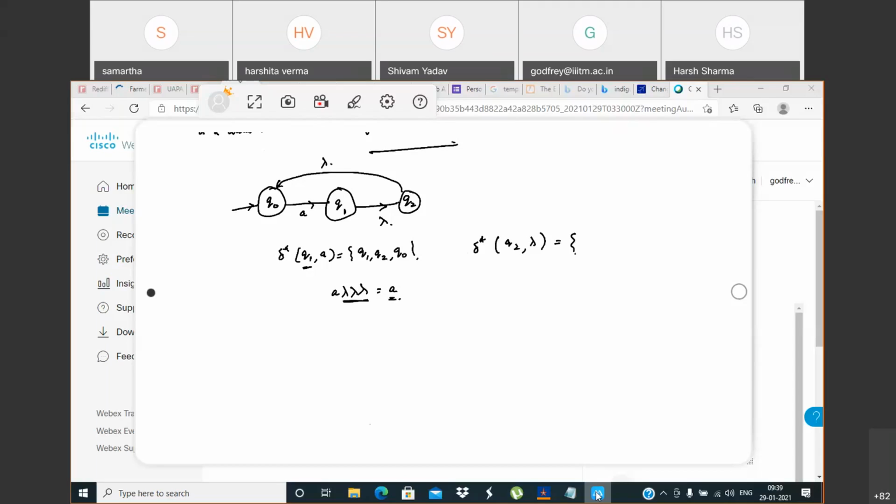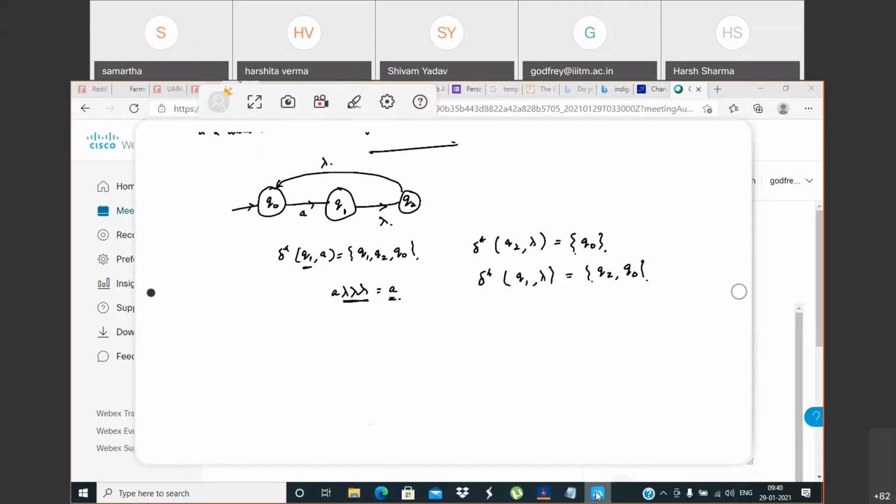I will be able to go to Q0, right? So on an input string of length 0 from Q2, I will be able to go to Q0, and further I will not be able to move. Now delta star Q1 comma lambda. This is going to be Q2 and also Q0, right?